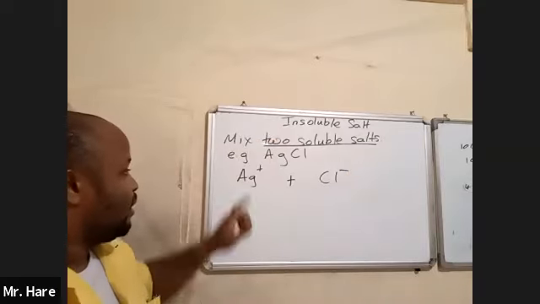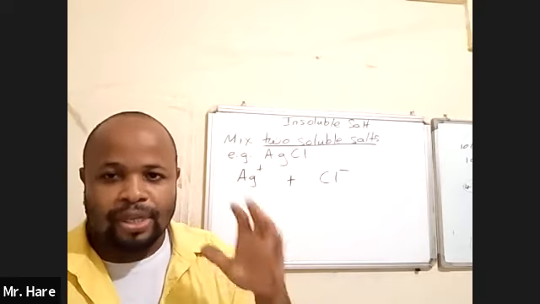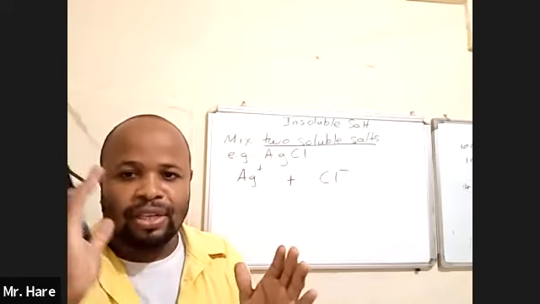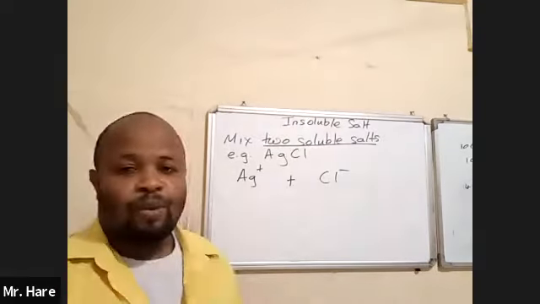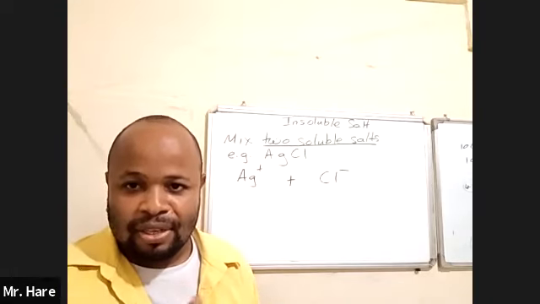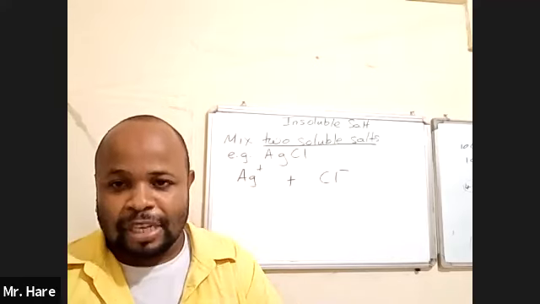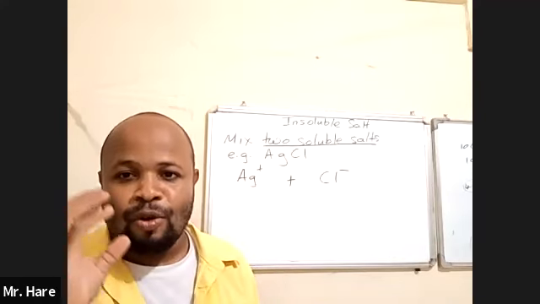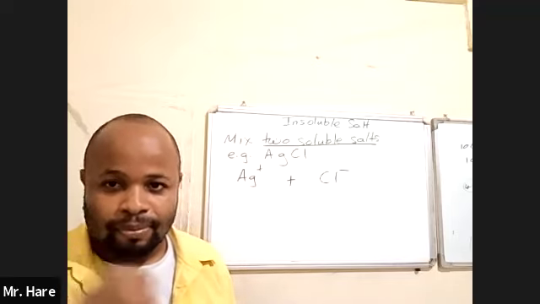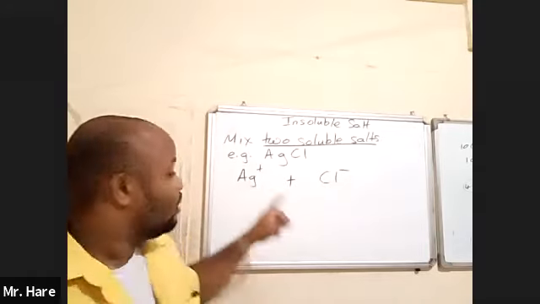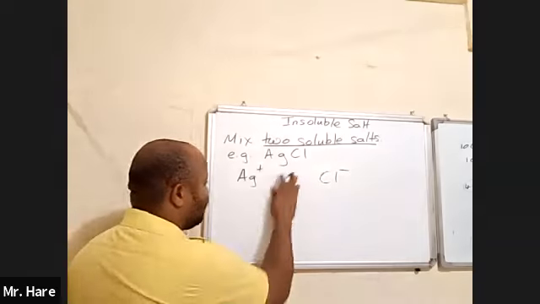Salts consist of a positive ion and a negative ion. If you have a positive ion, when you combine it with a negative ion, that salt must be soluble. Your safest bet, if you forget, go with nitrate. All nitrates are soluble. So if you want a soluble salt that contains silver ions, use the nitrate ion.